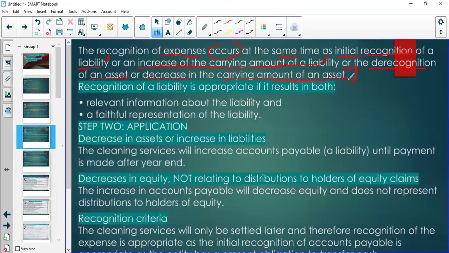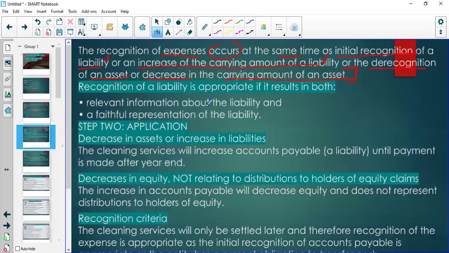So in that regard, we can also recognize an expense. We can look at whether we should recognize a liability or de-recognize an asset, because that treatment will trigger the recognition of an expense as well.